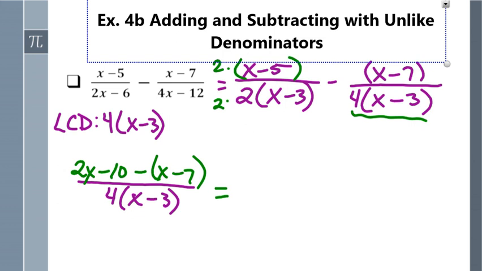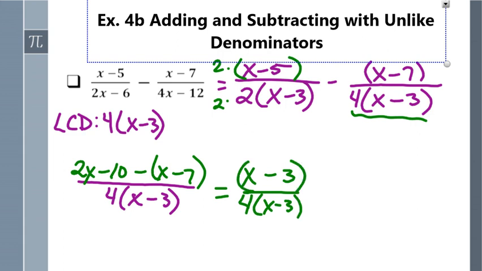So now if I rewrite it, I have 2x minus 1x, which is x, negative 10 minus a negative 7, which makes it negative 10 plus 7, which gives you a minus 3. So in the numerator, you have x minus 3. In the denominator, you have 4 times x minus 3.